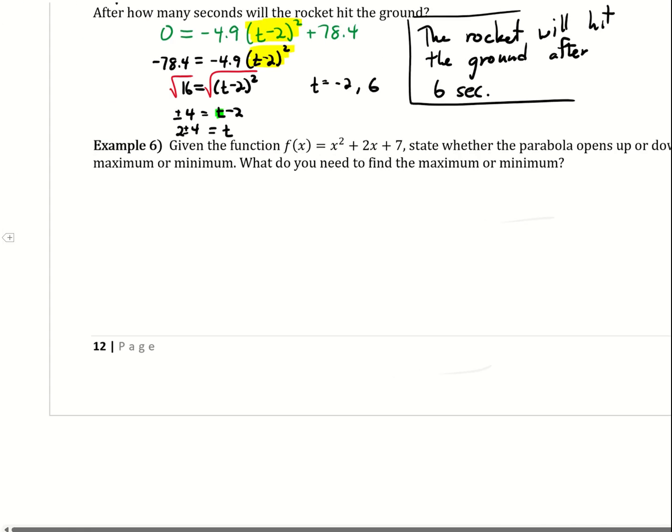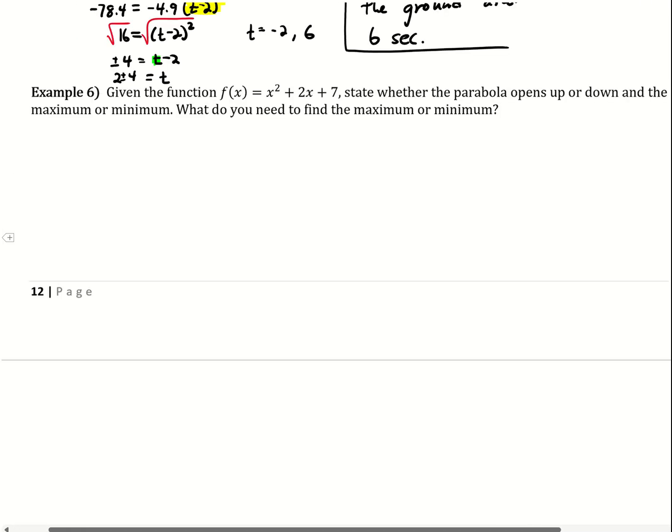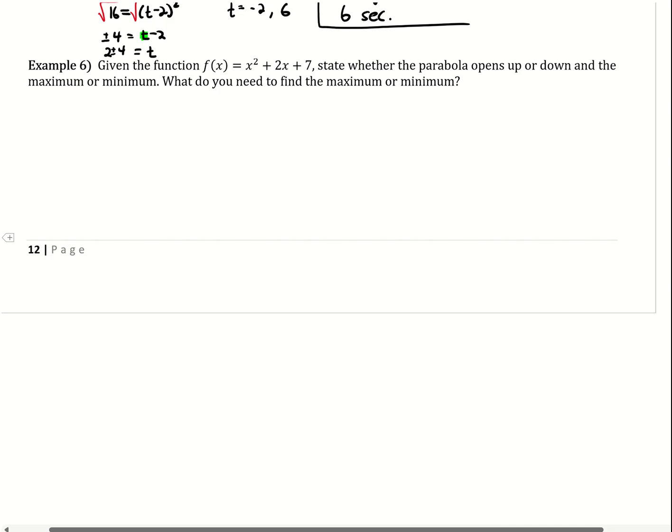Okay, so the last example says, given the function f of x is equal to x squared plus 2x plus 7, state whether the parabola opens up or down, and the maximum or minimum. What do you need in order to find the maximum or minimum? So the given equation is in standard form. Because it is a positive equation, we would know that the parabola would open up.